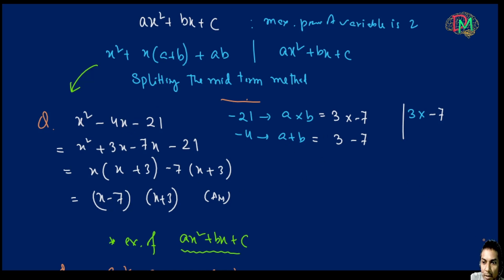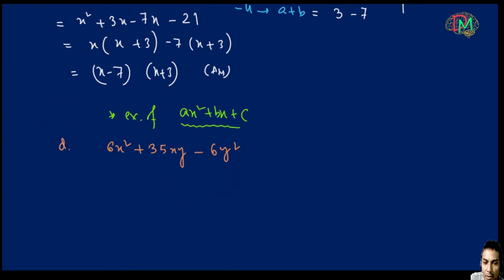It is applicable for both. Correct? What does that mean? The same question could be like this: 6x square plus 35x minus 6. So this is the quadratic equation with one variable, and this is the quadratic equation with two variables. Now we solve both.